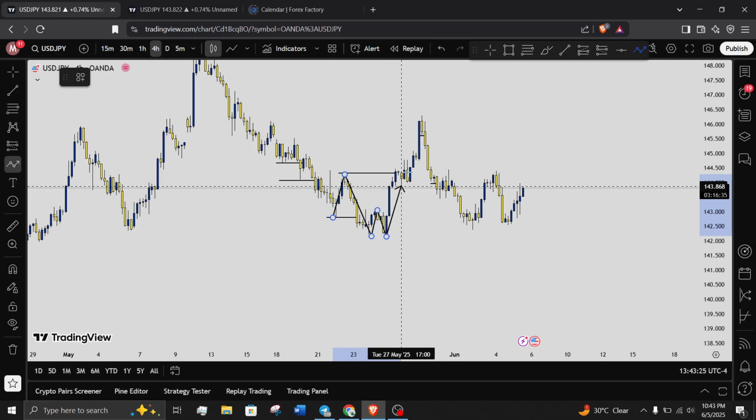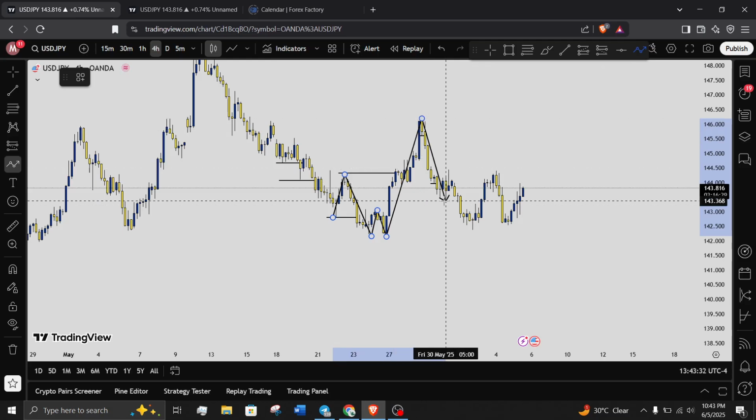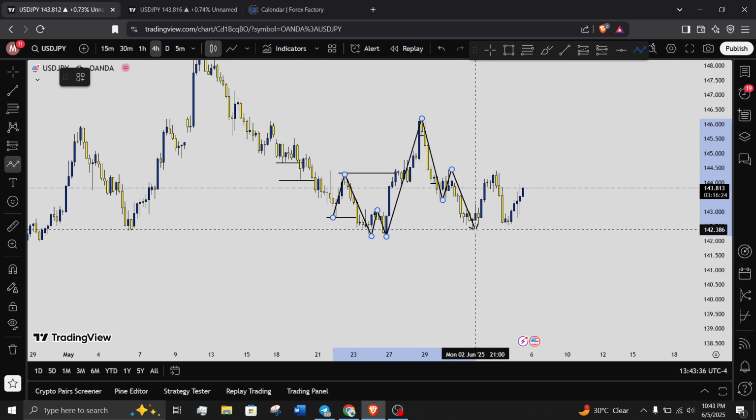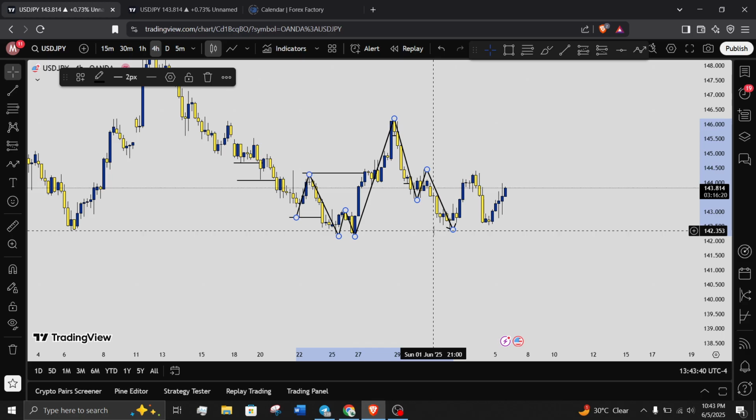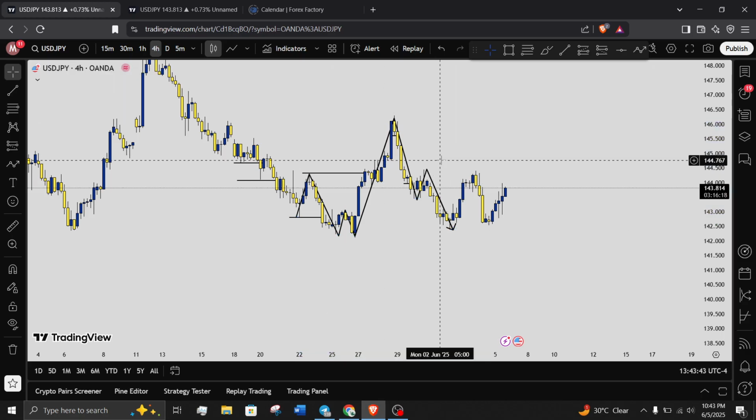And then it consolidated here a little while, but it created this high, came down like this, created this high and then moved down. So when you start thinking in waves and marking your structure in the form of waves, you will be able to place your Fibonacci retracement tool more accurately.